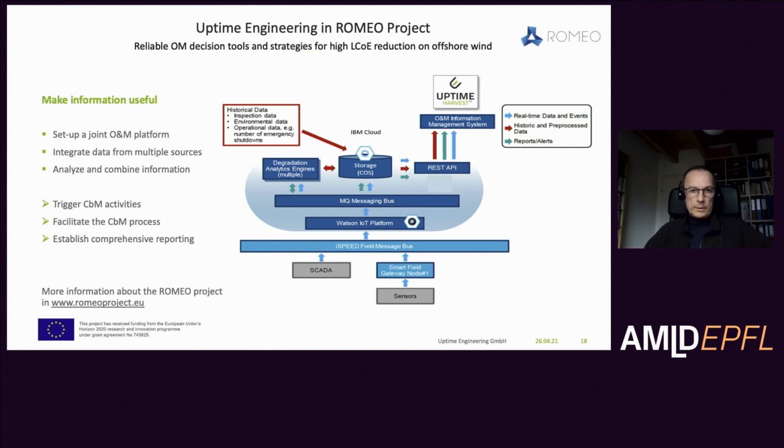This is what Uptime Harvest is currently executing in order to trigger CBM activities, facilitate the CBM process, which has already been analyzed together with those project partners who actually operate fleets, and establish a comprehensive reporting system.